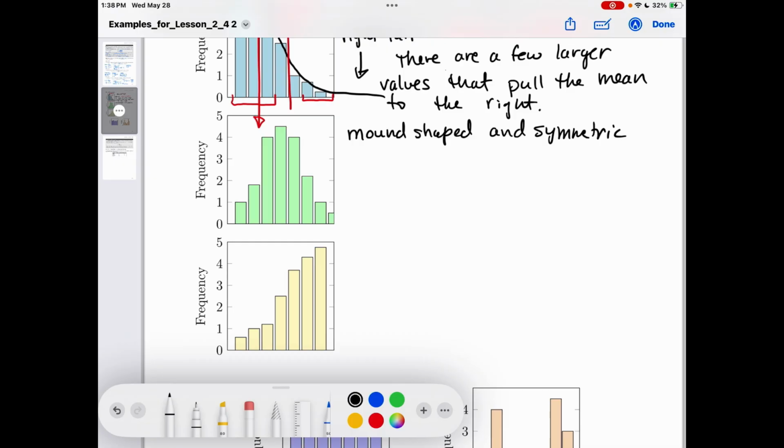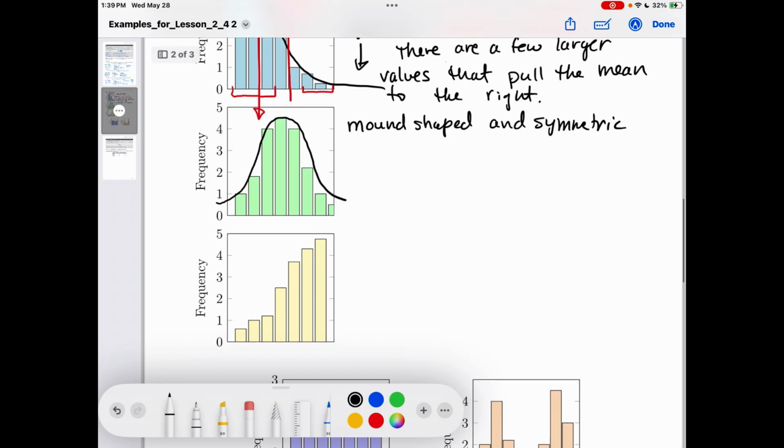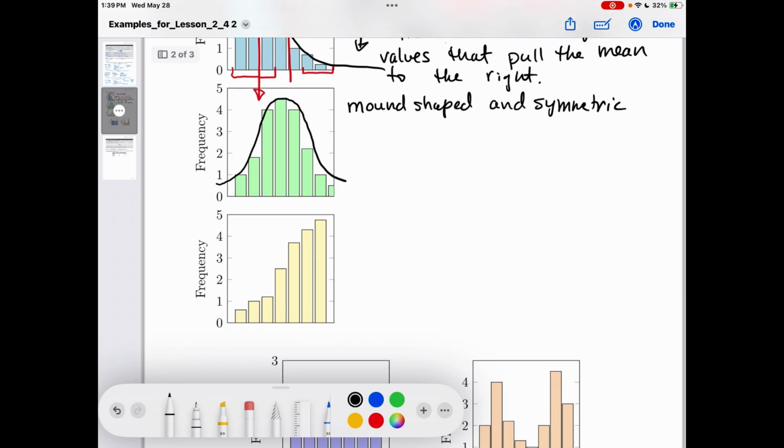There's all kinds of ways to describe this data set, but the basic idea is that you have one peak in the middle and it trails off evenly on both ends. So when you picture the shape of a mound shape and symmetric, if you imagine that you're drawing a smooth curve over the tops of the bars, you get that normal curve or bell curve shape.